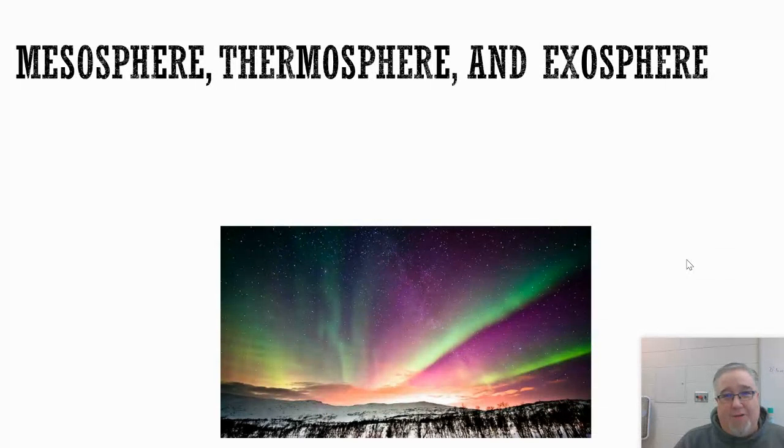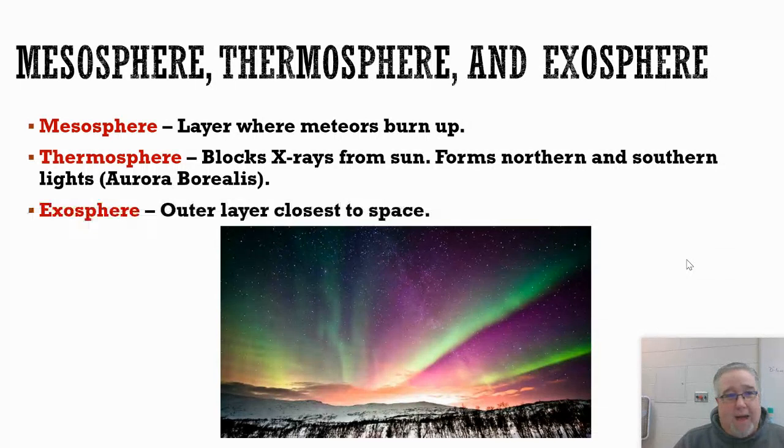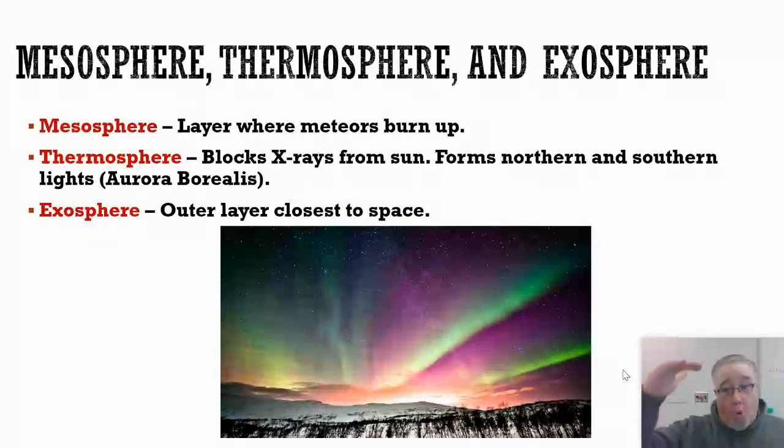Now, there are really three other layers, but I'll be honest with you guys, there really isn't much you have to know about these. The one thing I want you to know about them is the order. Troposphere is at the bottom, then the stratosphere, and then the next three layers in order are the mesosphere, thermosphere, and exosphere.